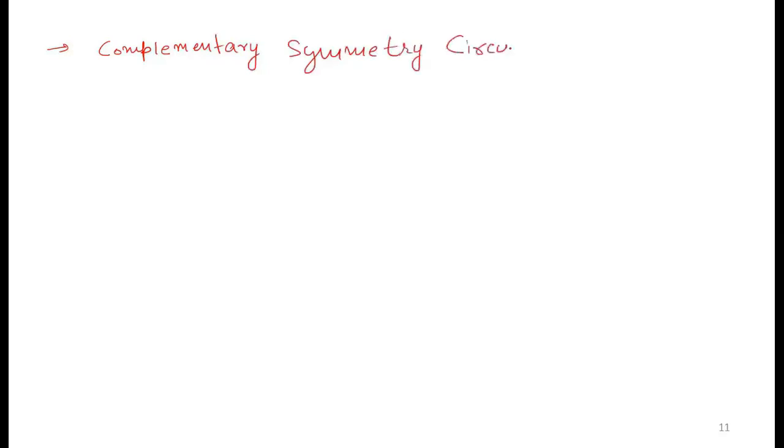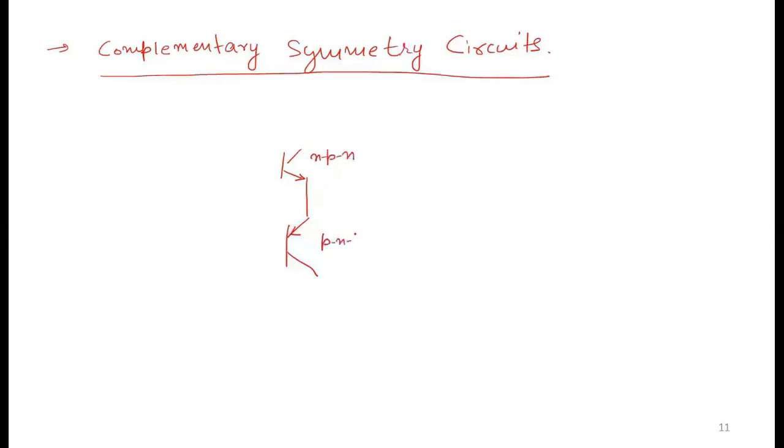As the name suggests, we are using transistors which are complementary to each other. Suppose one transistor we have used is NPN and the second transistor is the PNP. So this is NPN and this is the PNP.